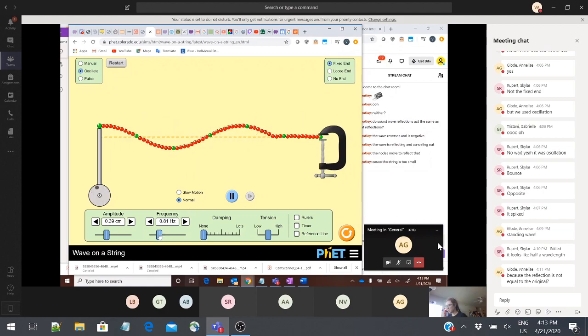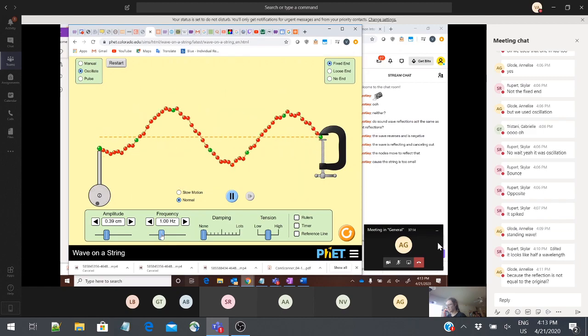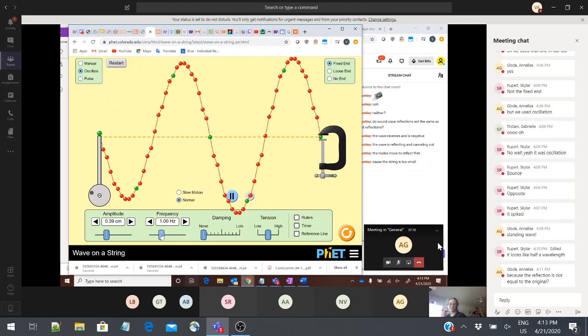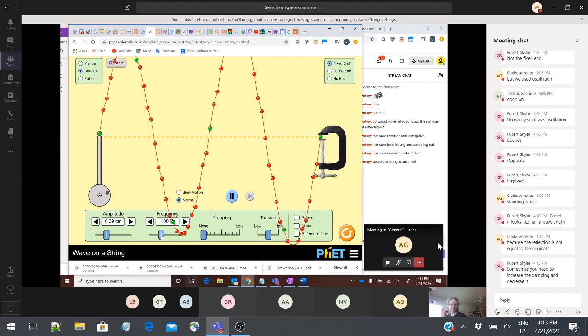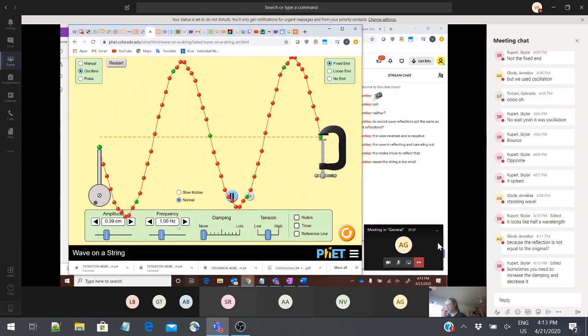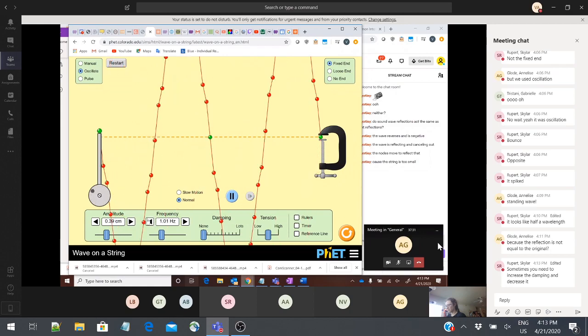So let's try a different frequency. How about 1 hertz? This is not quite perfect. Let's see if 101 gives it to me. No. 199.